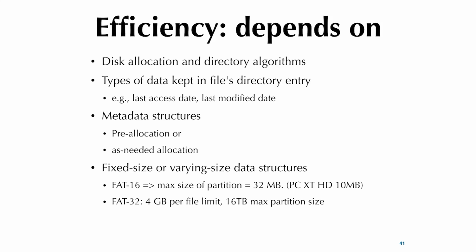Now, efficiency can depend on a number of things. It could be the disk allocation, the directory algorithm, also the type of data kept in the directory entry, something called dentry for directory entry. For example, a lot of these file systems also keep track of the last access date and last modified date, right?